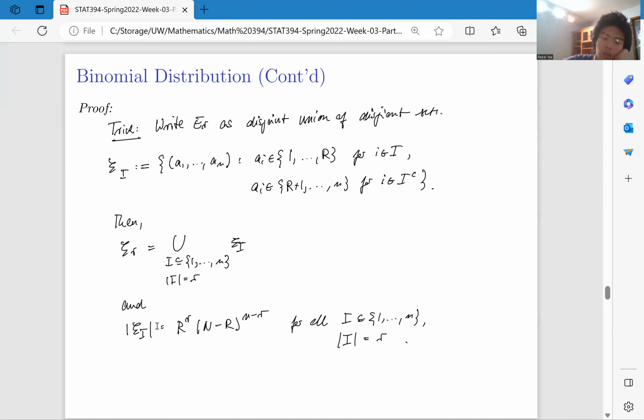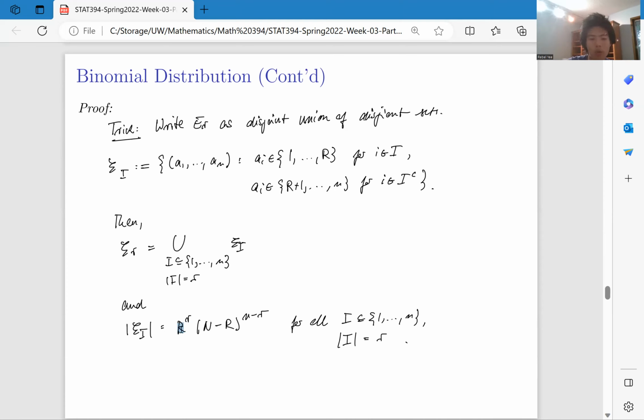If you imagine you have R reds, as I equals R, then obviously you will have R reds chosen from the capital R options.